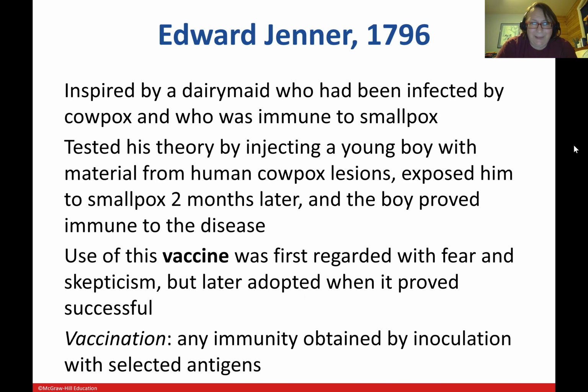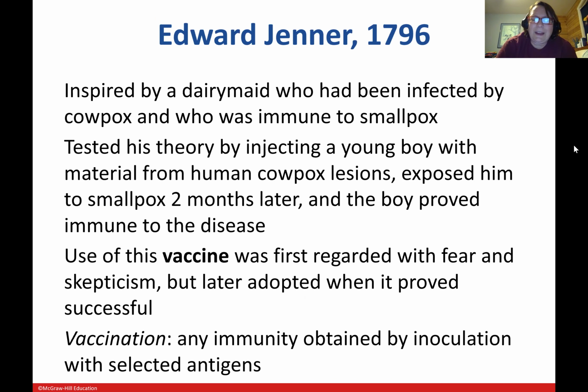I can't believe that even in those days he didn't see something fundamentally wrong with that procedure. But the bottom line is that vaccination, while originally looked at with great suspicion, ultimately, because it proved successful, was accepted into modern society.